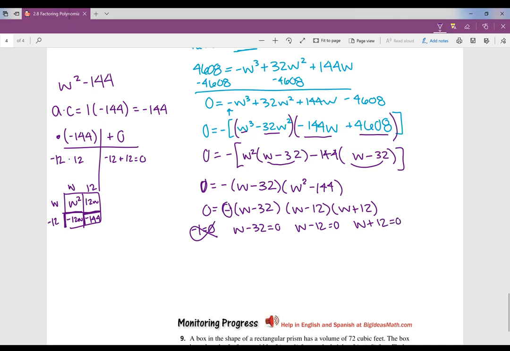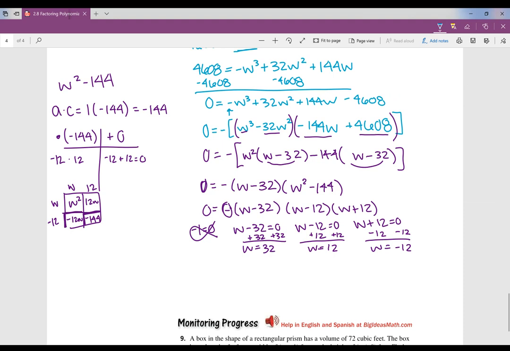So let's solve these. To get rid of the minus 32, we're going to add 32 to both sides. So we get W equals 32. We'll add 12 to both sides. W equals 12. And then subtract 12. So W equals negative 12.